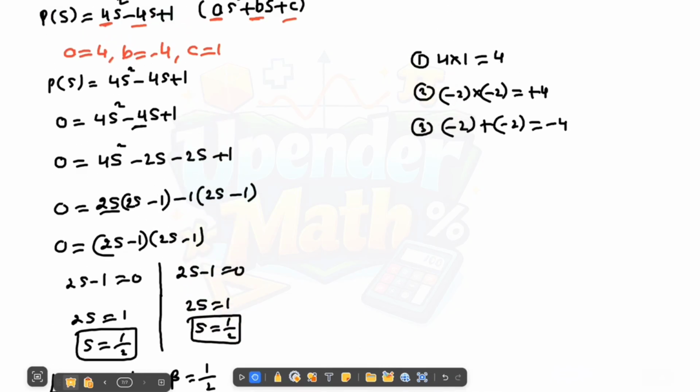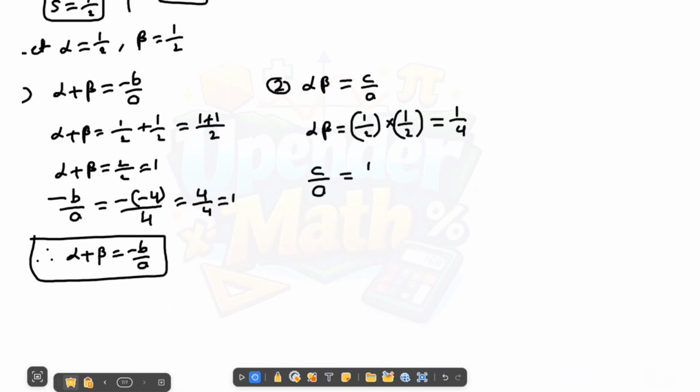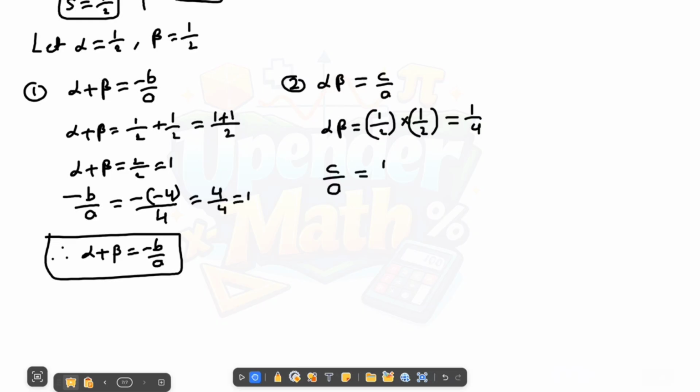Yes, here. c is 1 and a is 4. So 1 by 4. So alpha into beta is 1 by 4. c by a is also 1 by 4. So therefore we will get alpha into beta is equals to c by a. Hence verified.